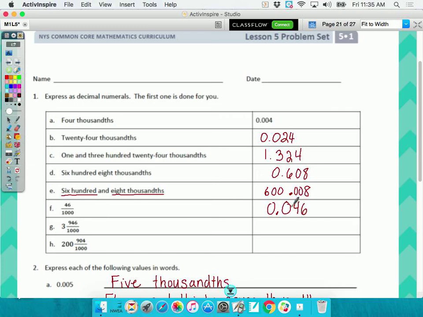Awesome. Now you want to know what? So far today, this is the first class that has figured out E and B and not accidentally said 0.24 or 0.46. So good job.